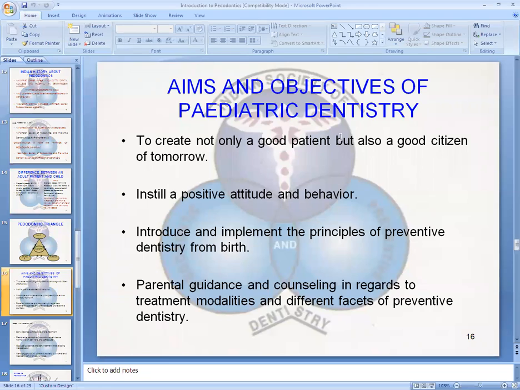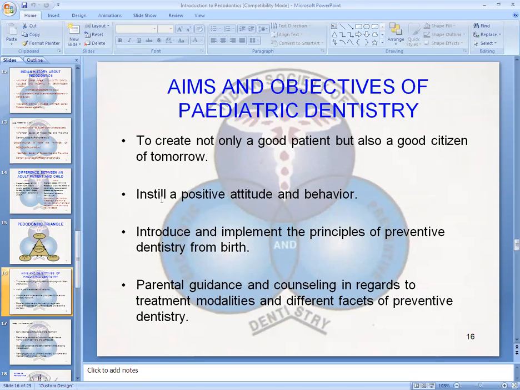Now he has become a good patient. He understands what is good for him and what is bad for him. He is able to differentiate between these. So he will become a good citizen of tomorrow also. Whenever the child patient comes to us, he becomes a good patient as well as a good citizen for tomorrow.